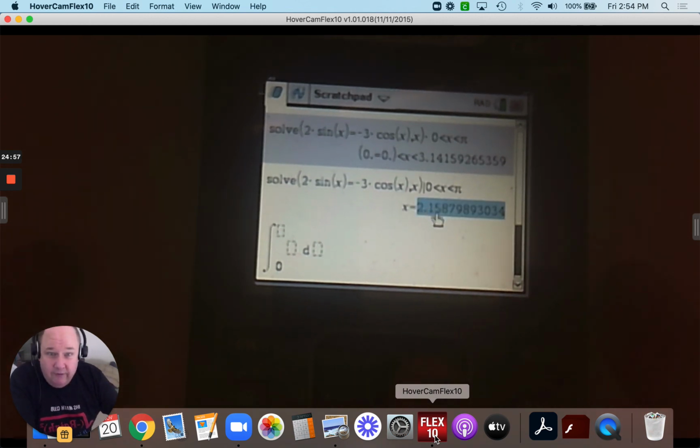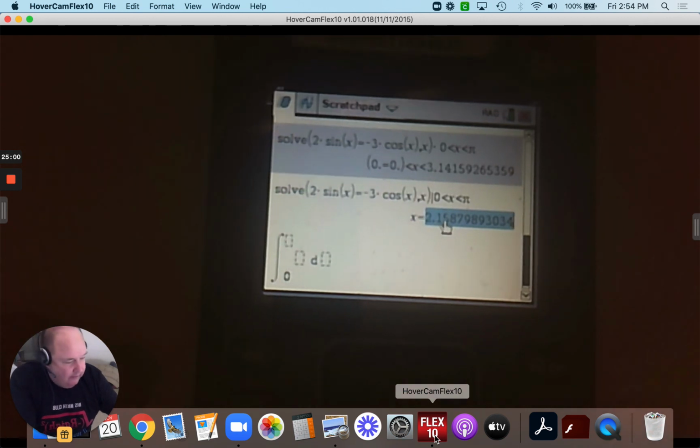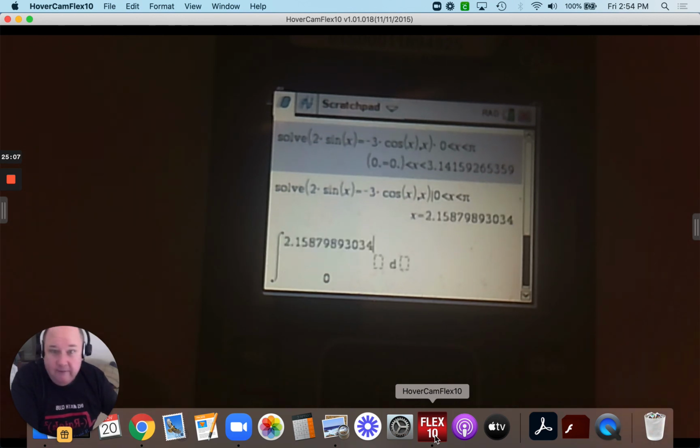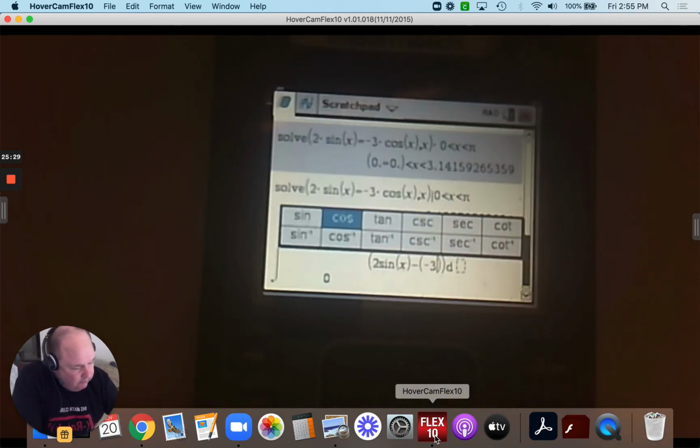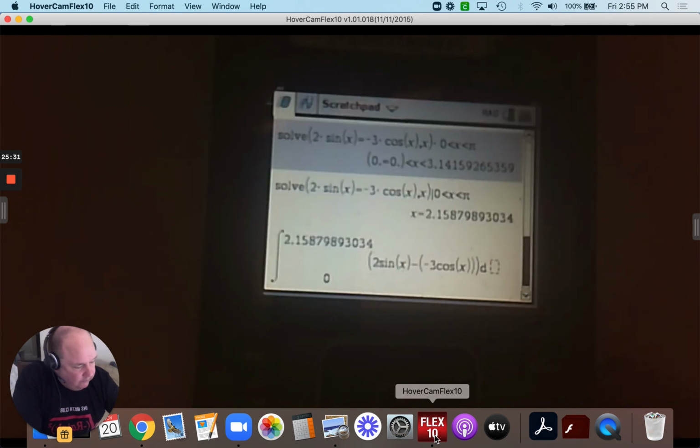Go over it with the cursor pad, double click, Control C, and then come back here and paste it into the top, Control V. Now you have a great full number that you didn't shorten up too soon. Then you type in 2 sine x, move the cursor, subtract, parentheses, negative 3 cosine x, dx.